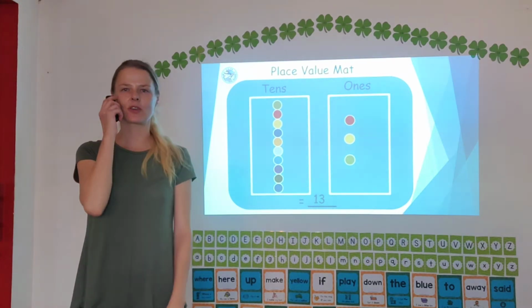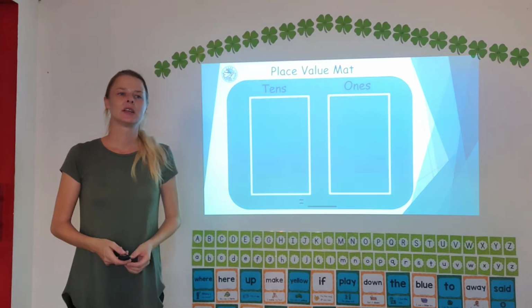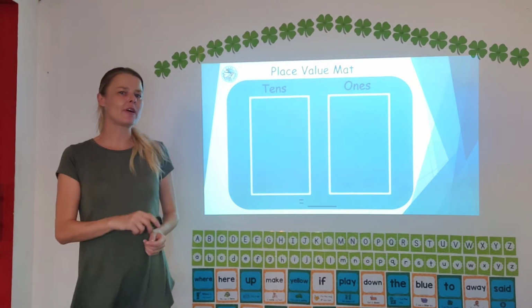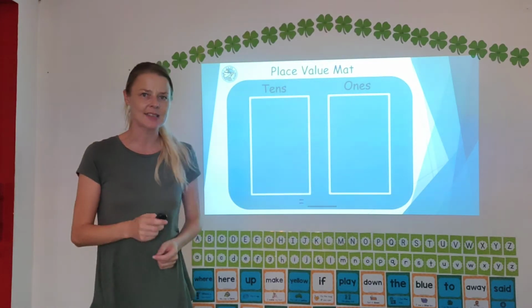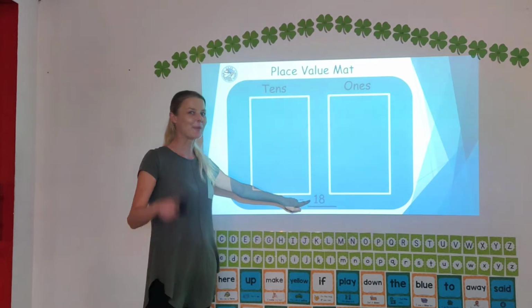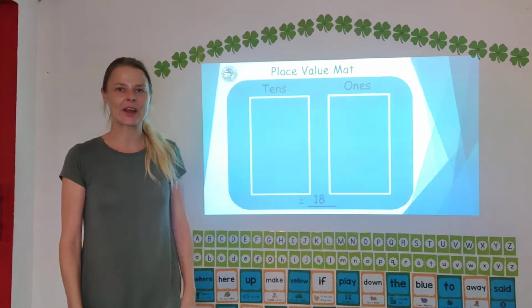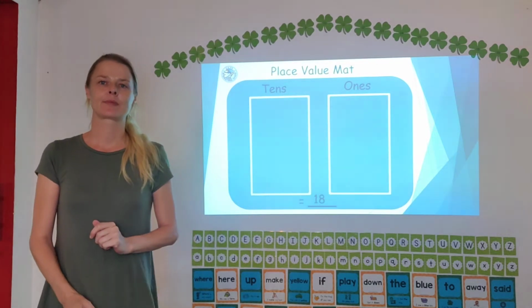Do you think you can do this on your own? Let's have a look. Okay. So, the number I want you to write at the bottom of your place value mat is the number, well done, 18.